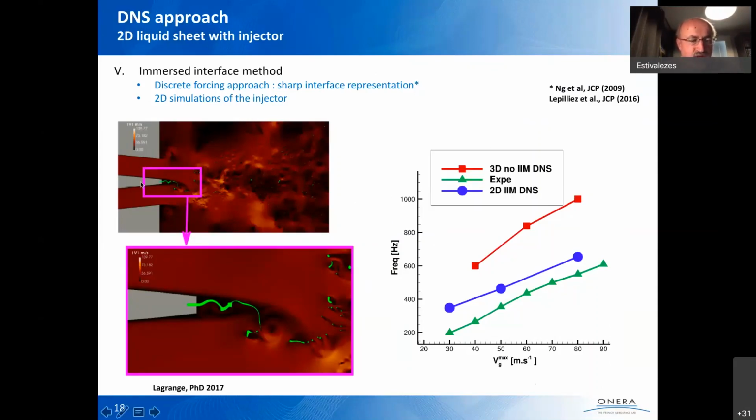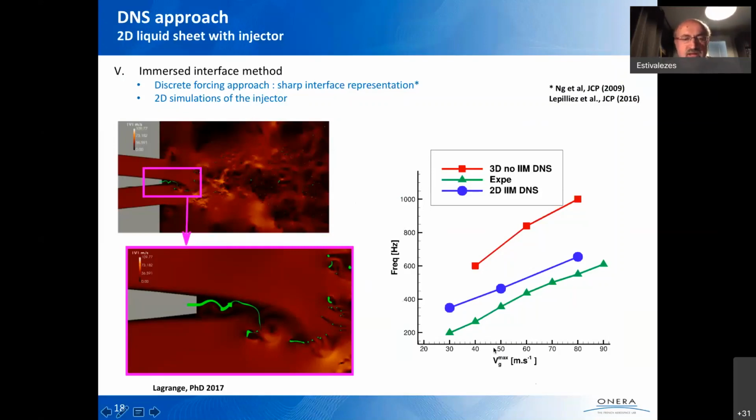So here we have tried to reproduce the experiment of the planar liquid sheet. This is a 2D simulation, and so you have the zoom of the liquid sheet, which is torn, and then it's shredding droplets in this zone.